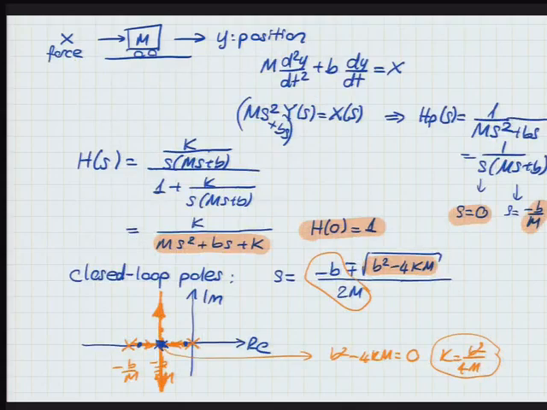This plot here, the orange plot, is a root locus for this plant, where the transfer function is this.